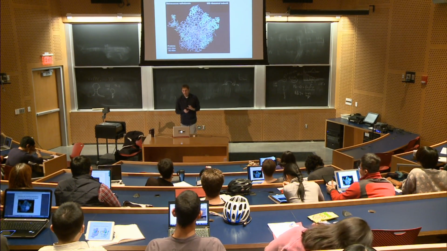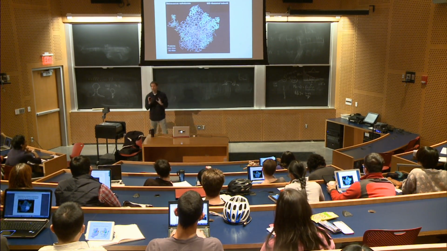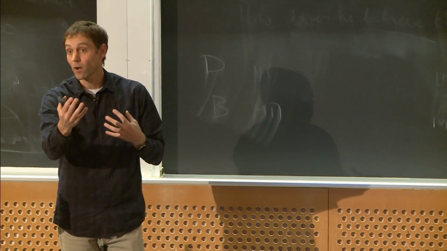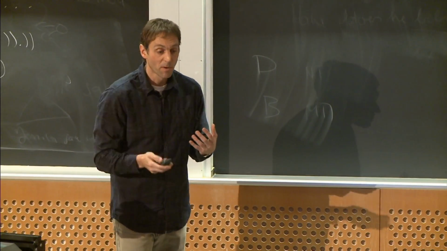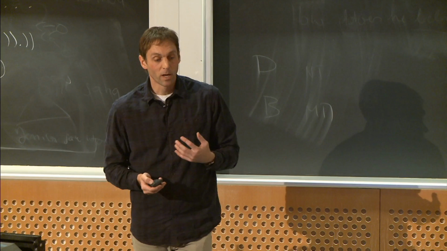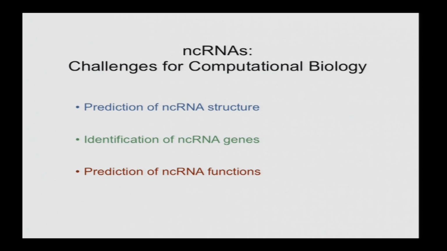Many antibiotics work by taking advantage of differences between the prokaryotic ribosome structure and the eukaryotic ribosome structure. So if you could make a small molecule, these are some examples, that will inhibit prokaryotic ribosomes, but hopefully not inhibit eukaryotic ribosomes, then you can kill bacteria that might be infecting you.